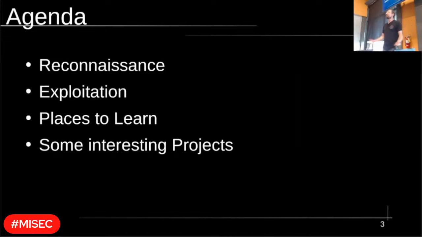So the agenda. What we're going to be talking about here is not going to be an extremely technical or an extremely hands-on sort of talk. A lot of this is going to be more of how to get started, some of the types of things that you will see when trying to do Wi-Fi hacking.